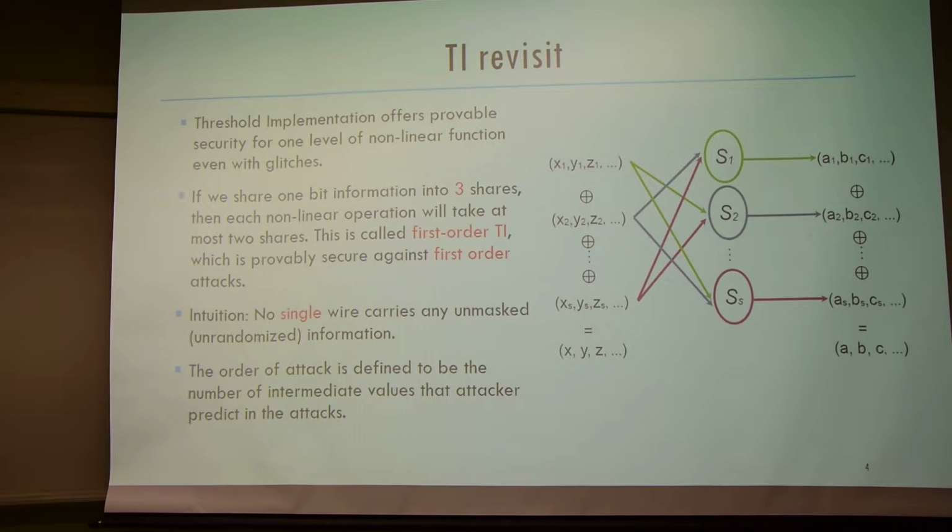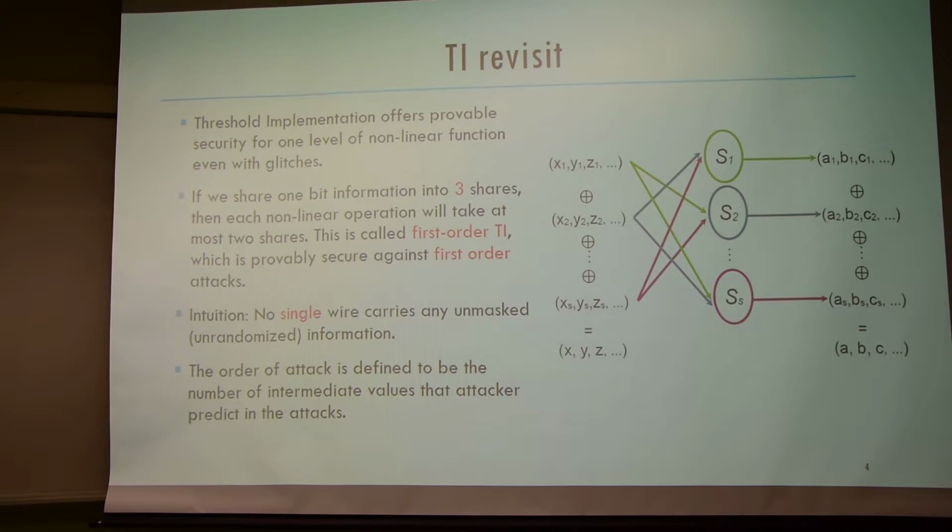So for example, here, if the attacker only predicts 1 value here, then because no single wire carries unrandomized information, essentially the attacker cannot predict the power consumption and compute the correlation.